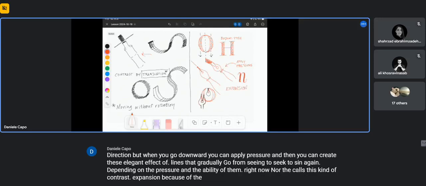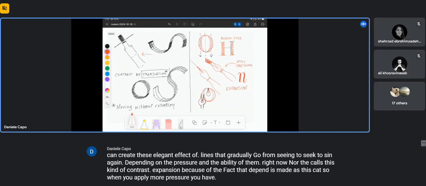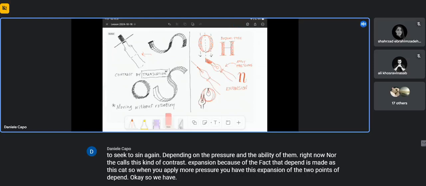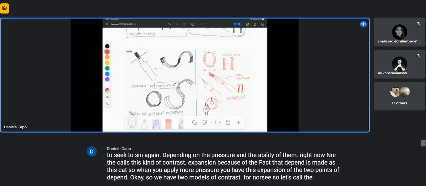Because of the fact that the pen is made with this cut, when you apply more pressure, you have this expansion of the two points of the pen. Okay, so we have two models of contrast for Noordzij.